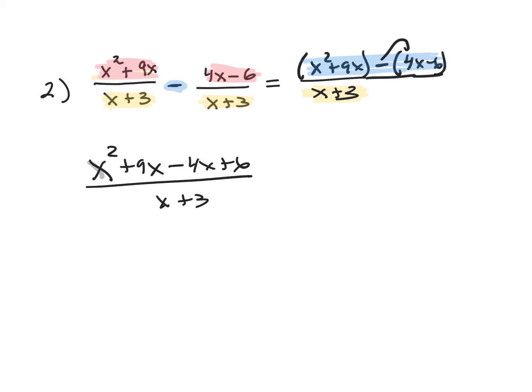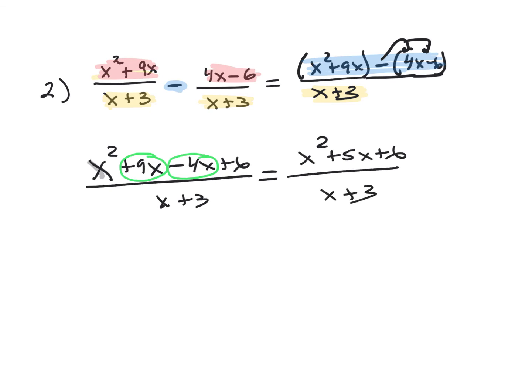Because you have to distribute that negative before you combine like terms, and then we can combine like terms. So x squared and then 9x and negative 4x are like terms. Right? So from there, we can reduce.